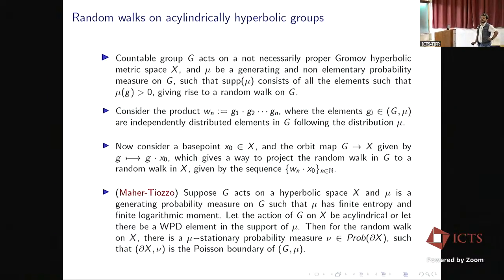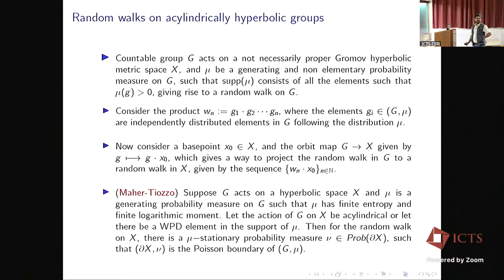This is a result by Maher and Tiozzo, which says that if G acts on a hyperbolic space with a suitable generating probability measure, with suitable conditions on the measure, and if the action is either acylindrical or it has a WPD element in the support of the measure mu, then for the random walk on X that you get by transferring the random walk on G to X, there is a mu-stationary probability measure on the boundary of the hyperbolic metric space, such that the geometric boundary, delta X, with this mu-stationary probability measure, is a harmonic measure.